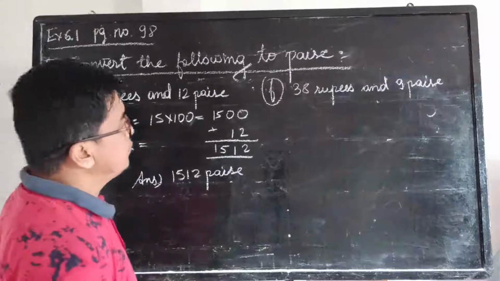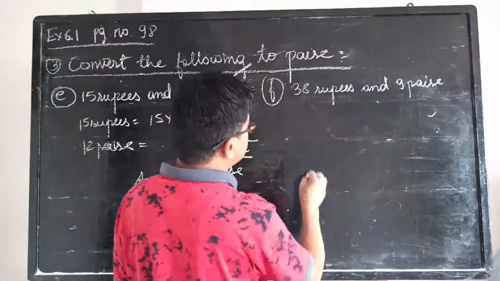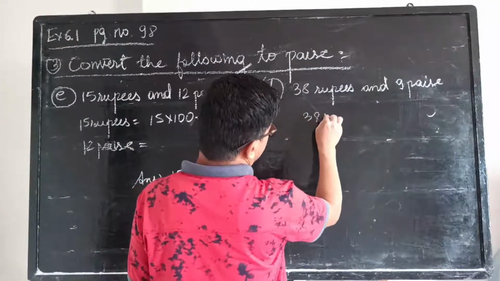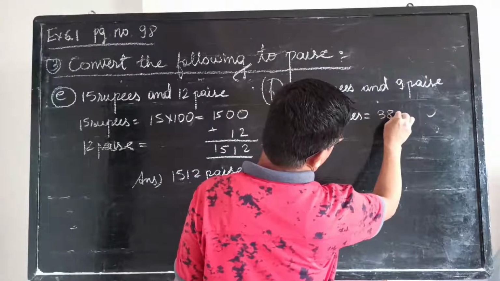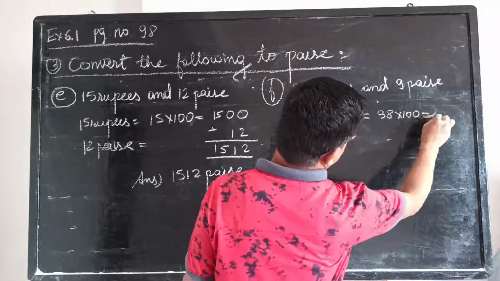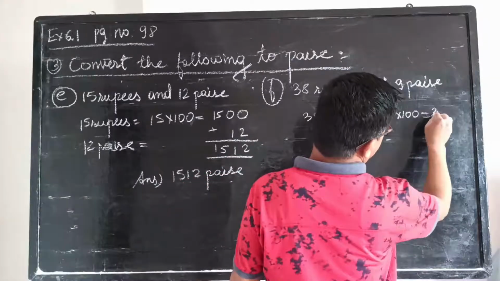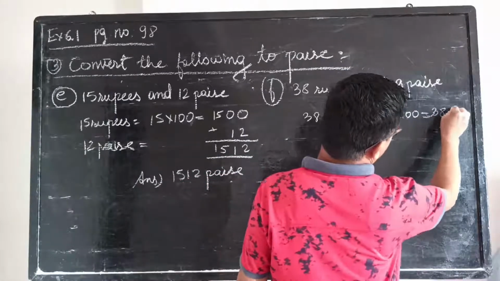Now F, 38 rupees and 9 paise. Now 38 rupees is equal to 38 into 100 is equal to 38, then how many zeros? 1, 2, 0.